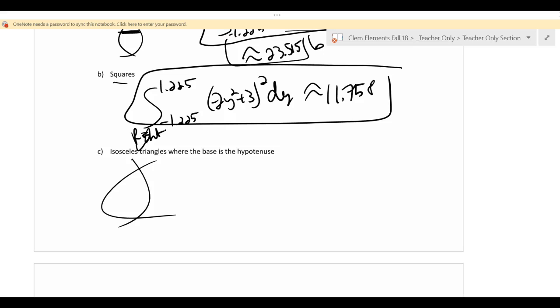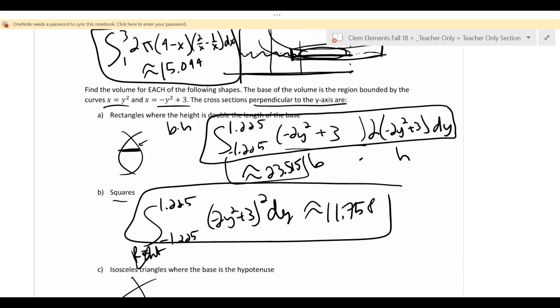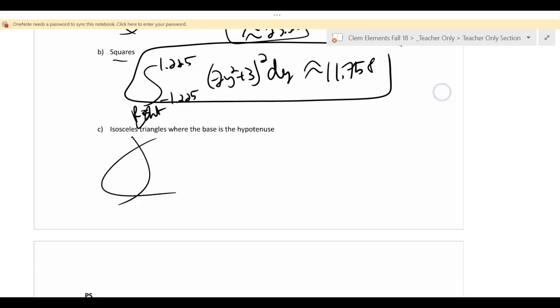Okay, this was x equals y squared, and x equals negative y squared plus 3. Okay. All right, so same as always, I just need the area of that one slice. So like there's one slice, here's another slice, the hypotenuse being that.